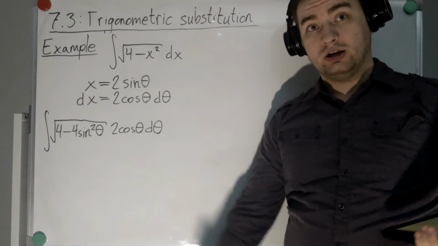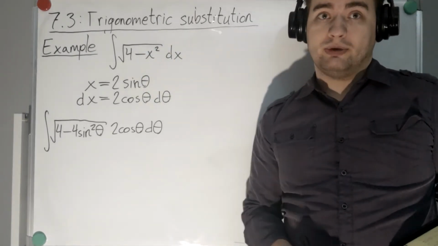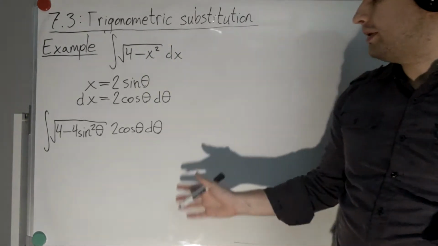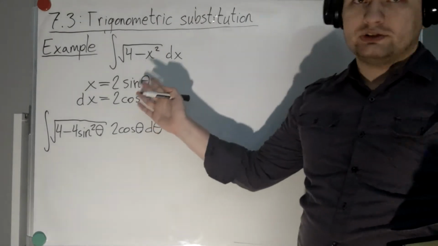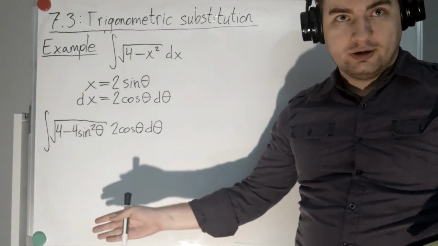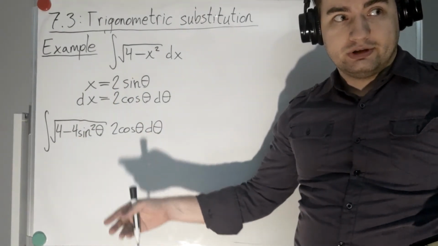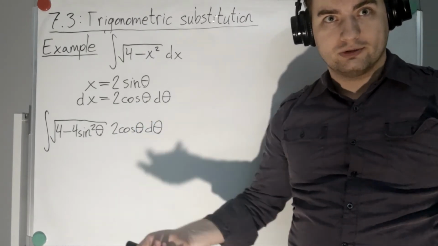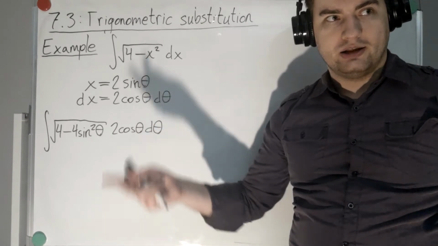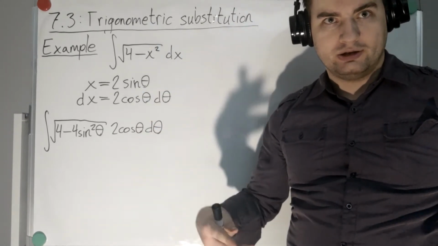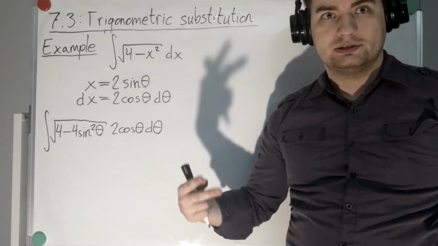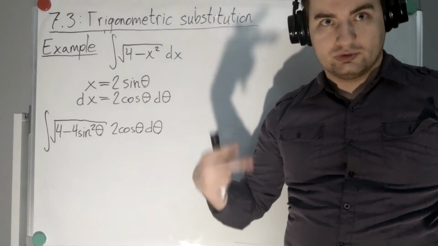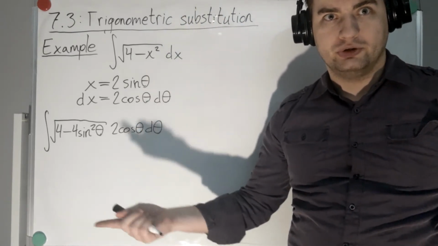Okay? Now, always, when you're doing a trigonometric substitution, your next step after just defining x and putting everything in is to get the trigonometric identity to work out. It's always going to be either sine squared plus cosine squared equals 1, or secant squared minus tangent squared equals 1. It's always going to be one of those two.